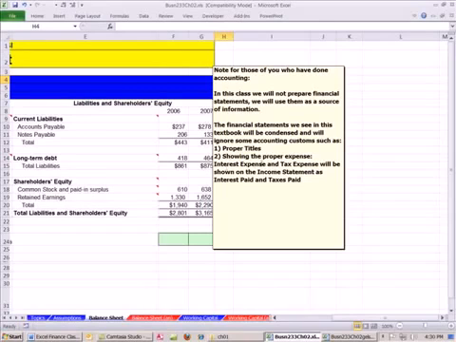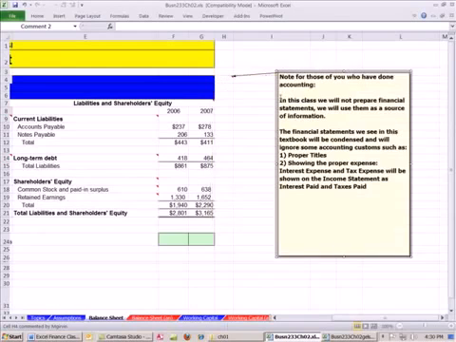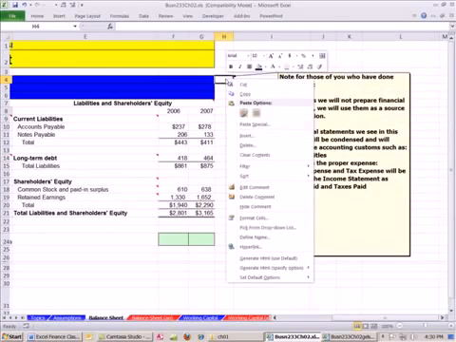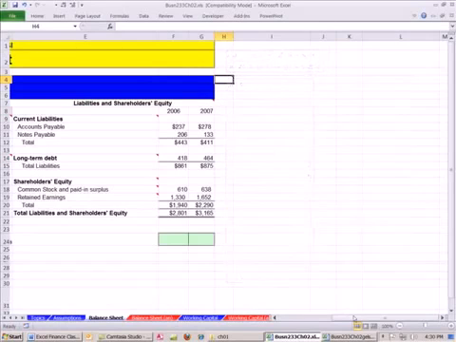When we have interest and tax, it should be interest expense, tax expense. We'll list them lots of ways. But if you see interest paid and tax paid, usually in accounting, you don't want to list expenses like that. But in finance, we can go ahead and list things like that. If you want to move the comment, you can point to the edge and just click and drag. If you want to hide it, you can right-click Hide Comment.